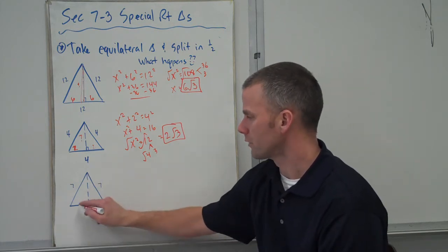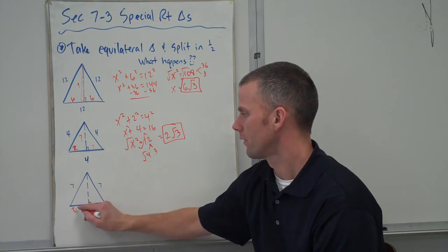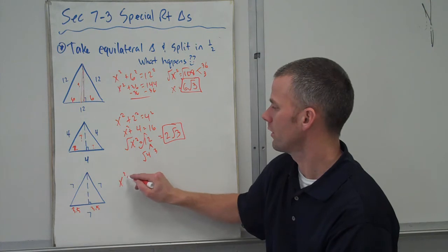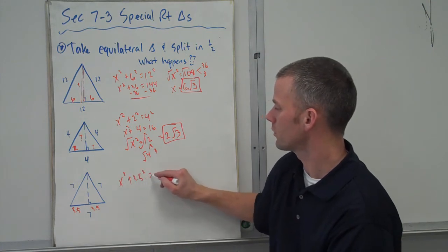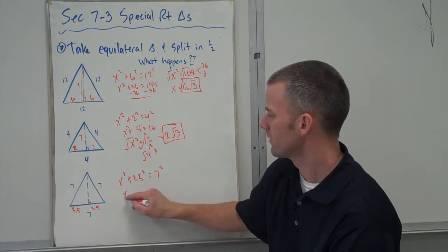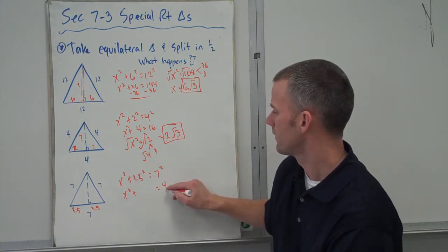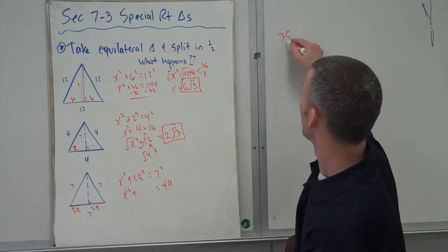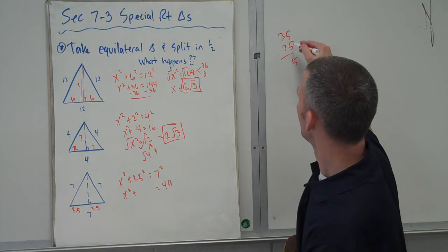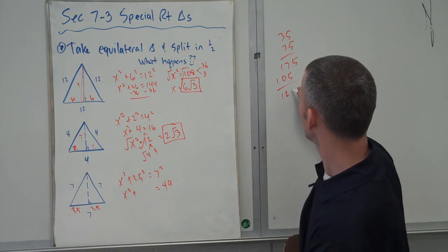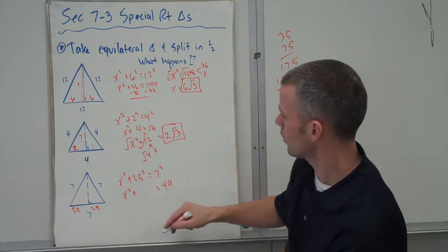So clearly, again, split that in half. 3.5, 3.5. x squared plus 3.5 squared equals 7 squared. That's going to give us 3.5 squared, which is 12 and a quarter.